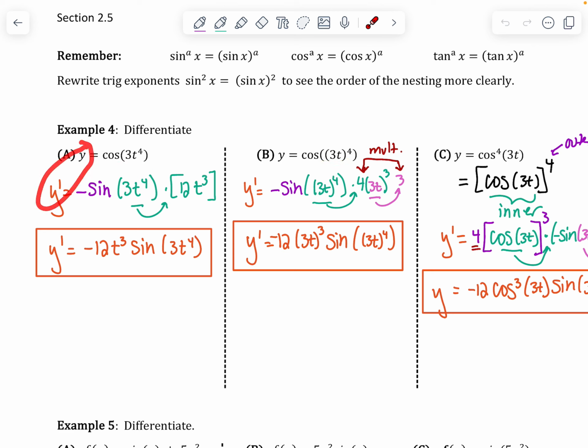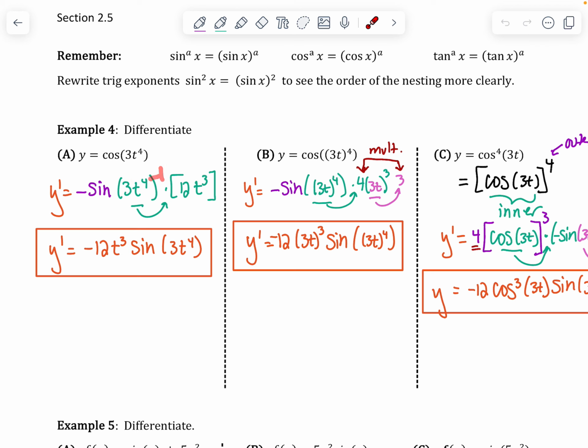So I've got my y function, so I'm writing my y terminology. Working from the outside in, I see a cosine. The derivative of the cosine is negative the sine. Because it was a cosine of 3t to the fourth, I'm going to have my derivative be of 3t to the fourth. But because my variable here has an exponent beyond 1, I'm going to multiply the 3 with the 4 to get a 12.